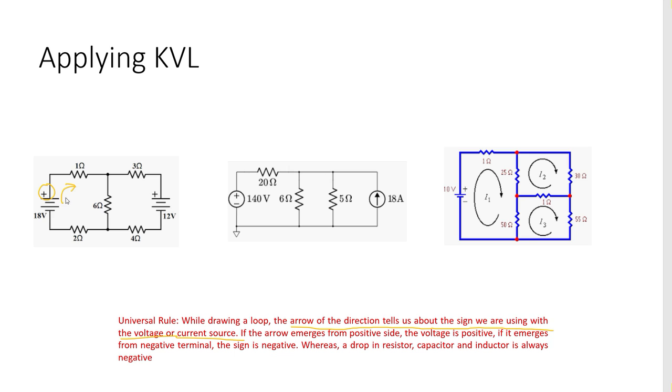If it is from this side, then we will say that 18 is equal to I1 into this plus this plus this. If we say that the direction is like this, so it is going inside this, so this is, let's say, I2, so we will say that minus 12 is equal to I2 into this plus this plus this. So we will study these things later on.